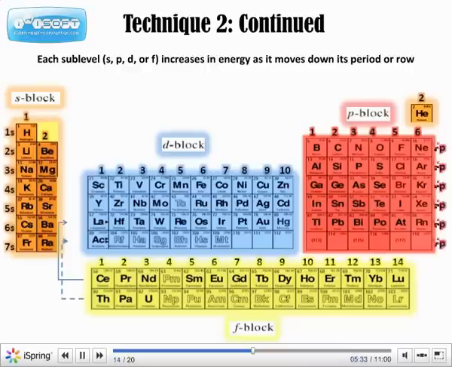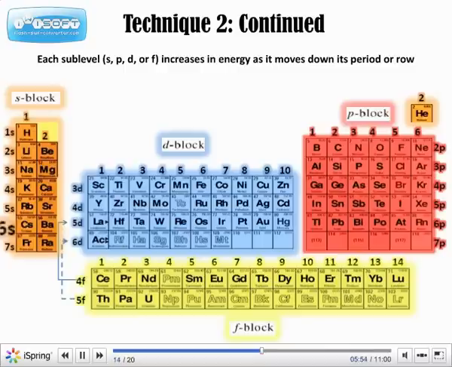The S sublevel starts at energy level 1. The P sublevel starts at energy level 2. The D sublevel starts at energy level 3, even though it looks like it's in row 4. And the F sublevel starts at energy level 4, even though it looks like it's in row 6.